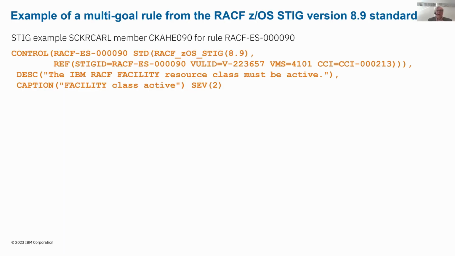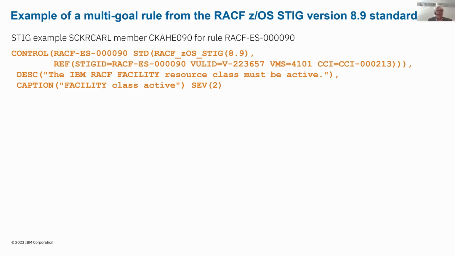Now let's look at an example. I took a real life example, the version 8 rule RACF ES90. There you say control, parenthesis open, that starts the list of control names. In this example there's just one control name, RACF ES90.